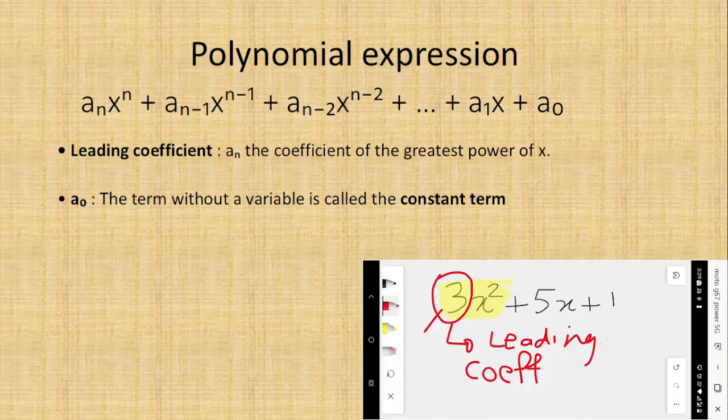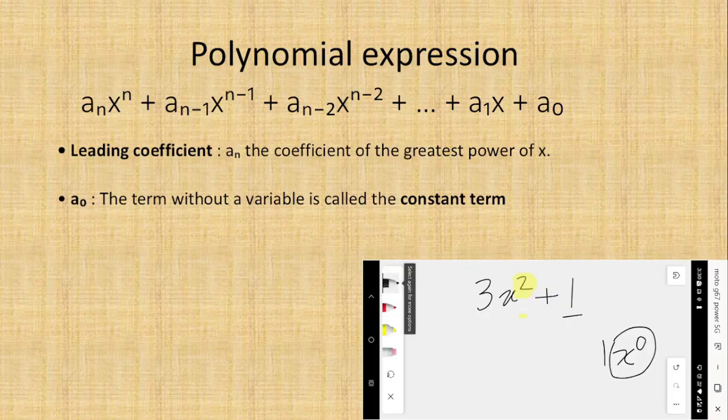The second thing here is what is the degree of the polynomial. This term has x variable with a degree of 0. This term has an x variable with a degree of 2. So what is the highest degree? The highest degree is going to be 2. So that is why the entire polynomial expression will have a degree of 2.